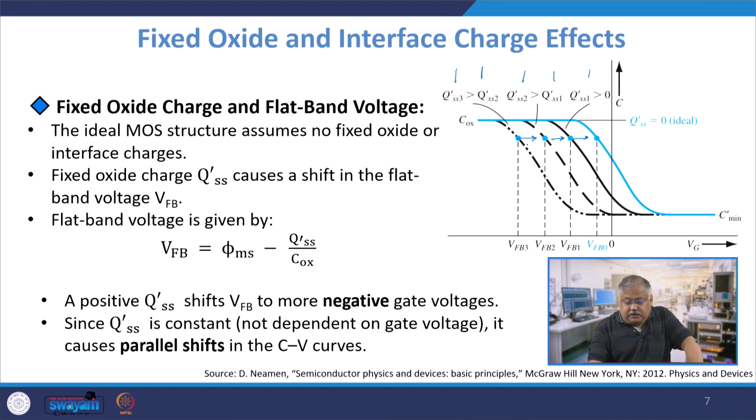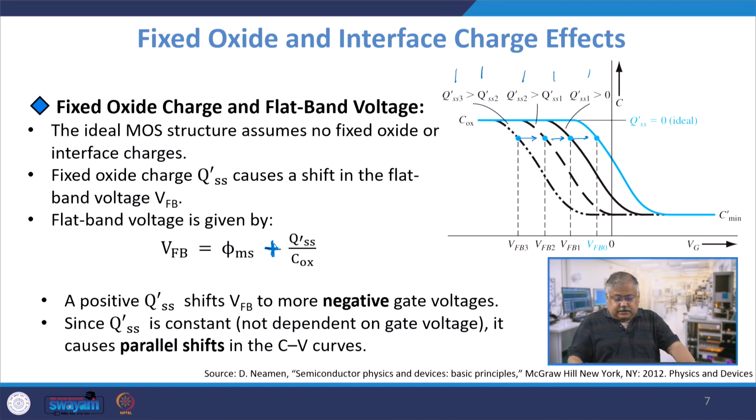So, VFB3 corresponds to QSS3. Actually, I can assume this to be a positive one in order to explain this curve at least. What I am trying to say is, as the value of QSS goes on increasing, your flat band voltage also goes on increasing. Why? Because you need to deplete those fixed charges in order to reach flat band.